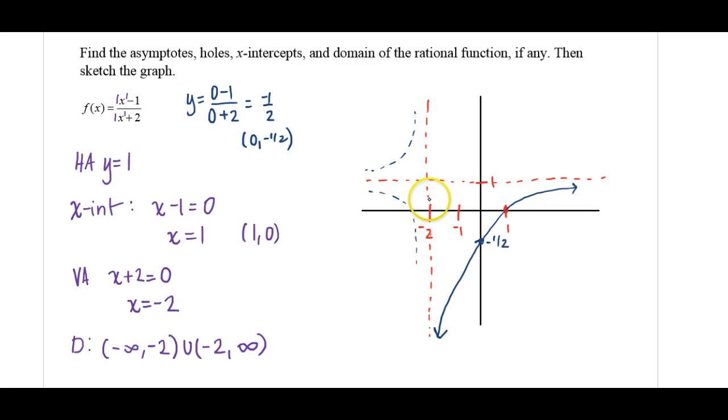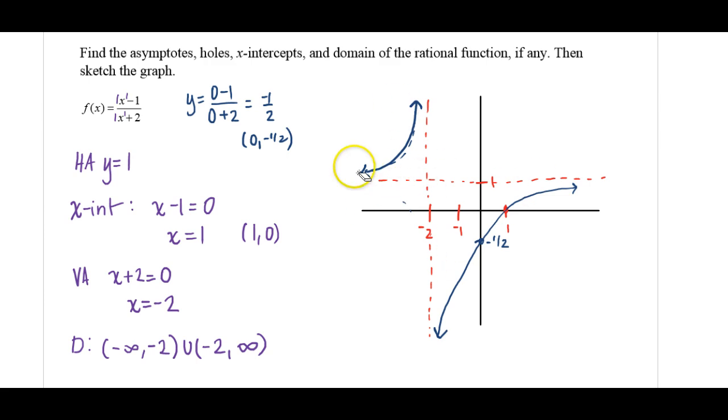And we know that there's not. We only know of the x-intercept at x equals 1. There are no others. So it cannot be this bottom portion. It has to be up here in this top left-hand corner that approaches this horizontal asymptote at 1 and this vertical asymptote at -2. So this portion should not be here.